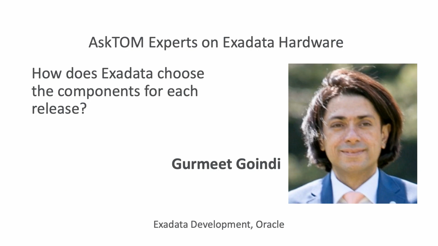So we are going to make components part of a new generation if and only if we trust them enough that they will maintain the very high standards of reliability and not just performance that Exadata is now known for. Exadata is, in a sense, a mature product, but it's not a stale product, meaning it continues to evolve, it continues to incorporate a lot of innovation, but it does it without ever risking the trust of the people who use it, right, and the organizations that depend on it for critical workloads.